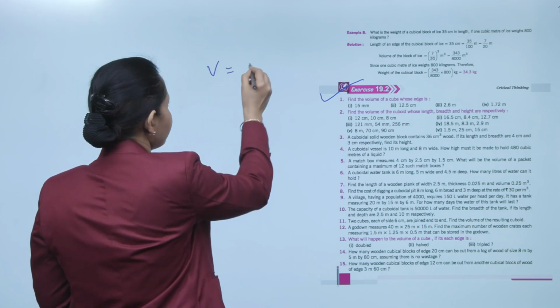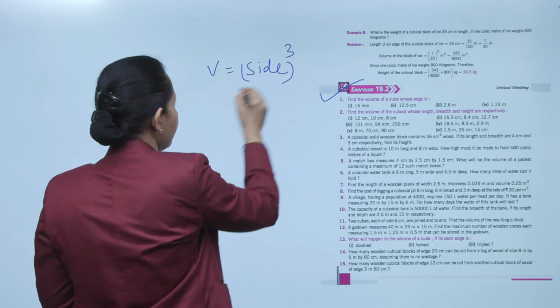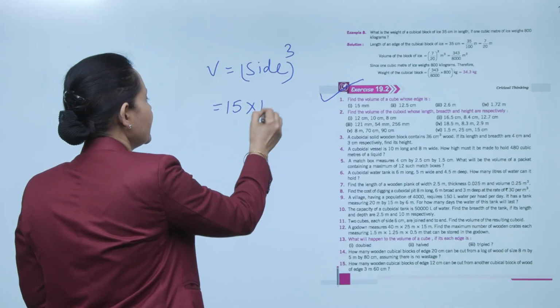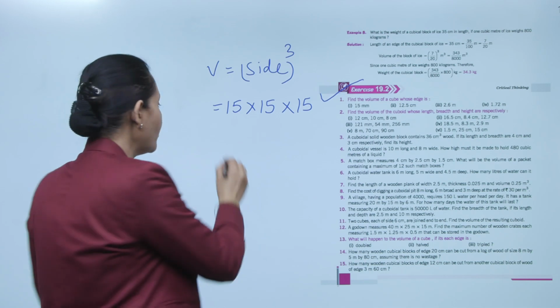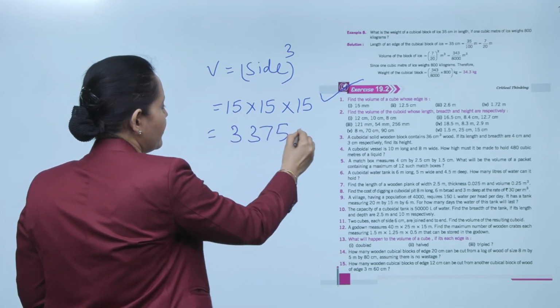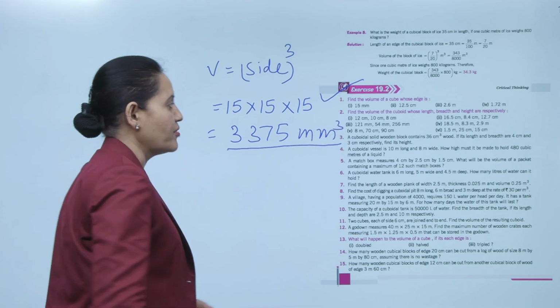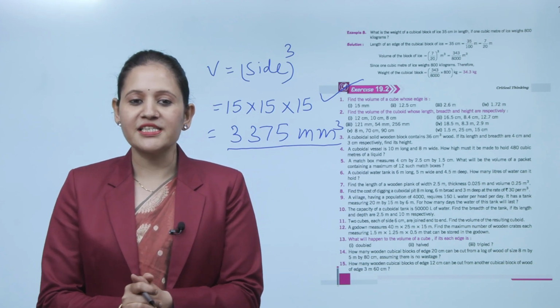Volume of cube equals side cube, that is 15 into 15 into 15, which equals 3375 millimeter cube. That is the volume of the given cube. Clear? Practice all the questions of this exercise.